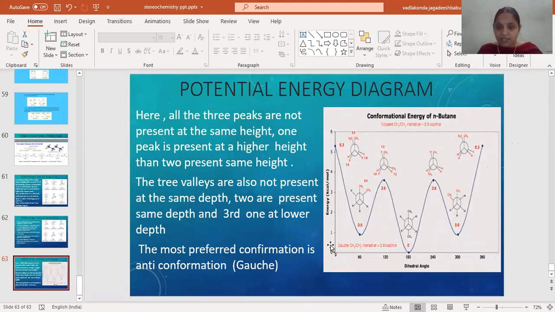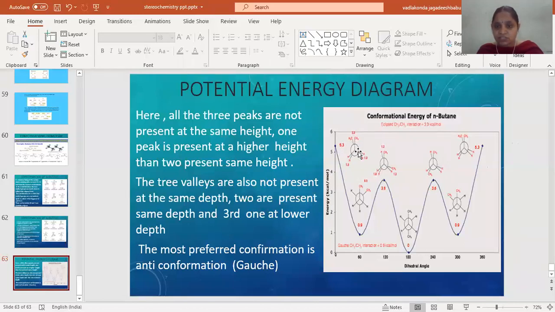Here we take the dihedral angle, the rotation angle, on the x-axis, and the energy of the isomers on the y-axis. So the first isomer, because similar groups are present on the same side, has high energy and less stability.